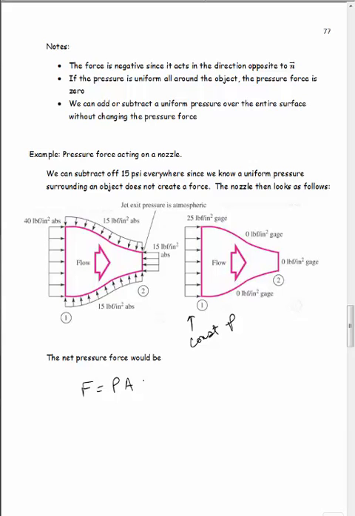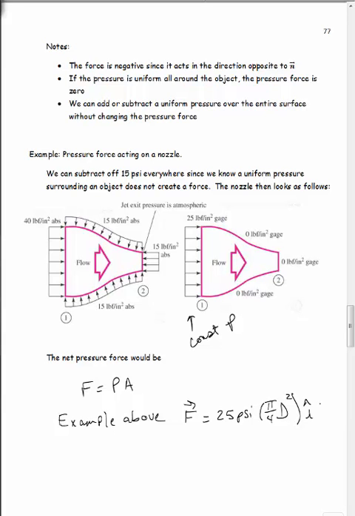Okay, so for this example, our pressure force as a vector is equal to 25 psi, it's really psig, and then times our area, which would be pi over 4 d squared, and that would be in the i direction.